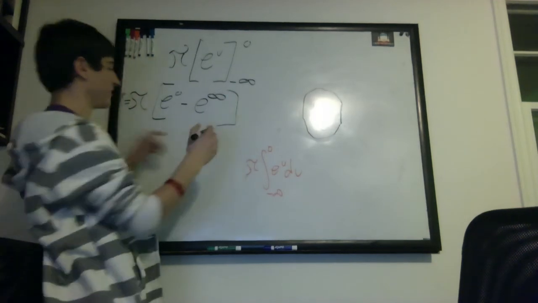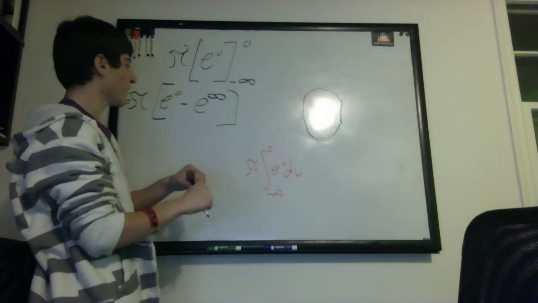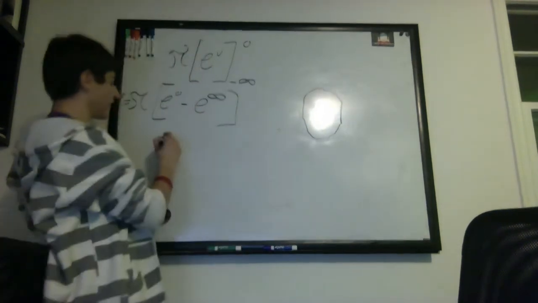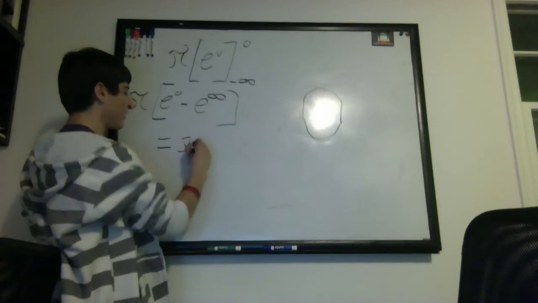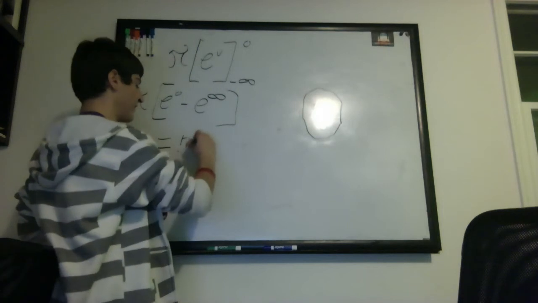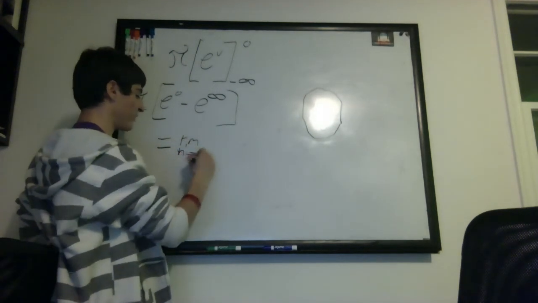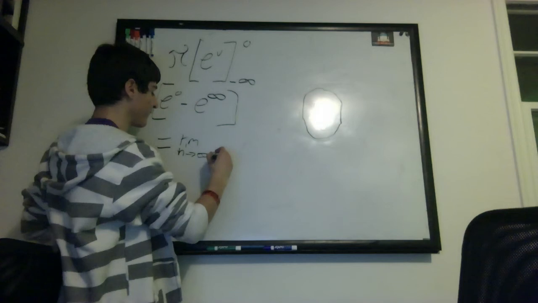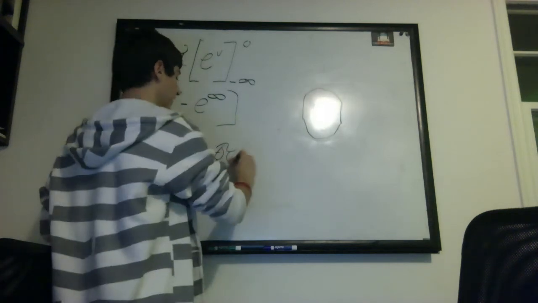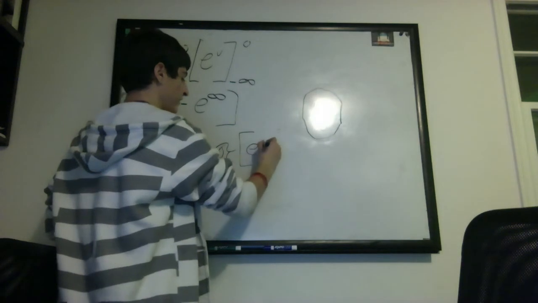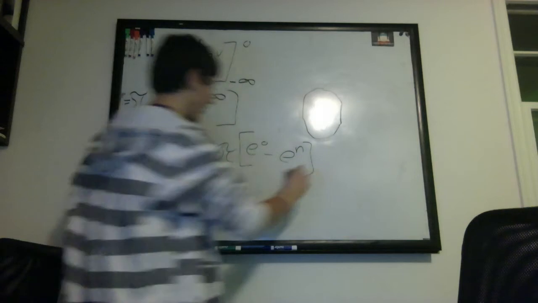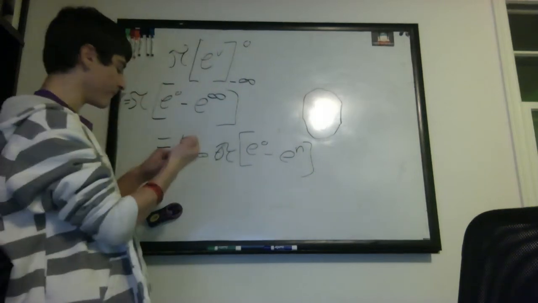Really, if you want that in another notation, it's equal to the limit as n goes to infinity of pi times e to the 0 minus e to the minus n. That's another way to write it.